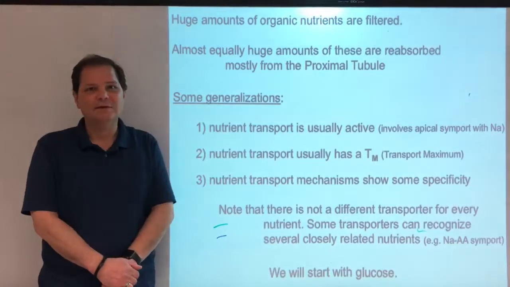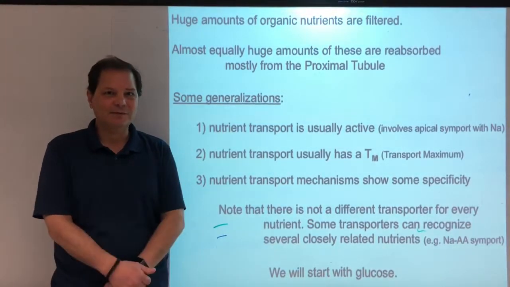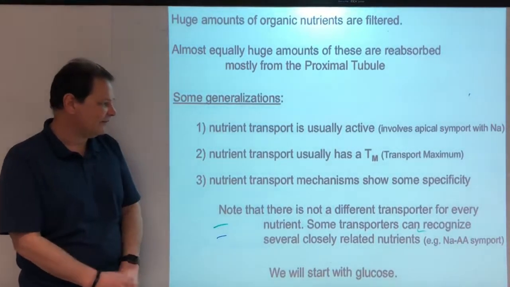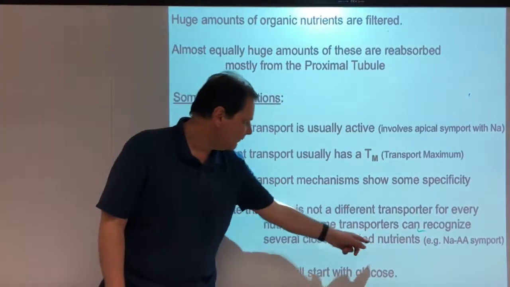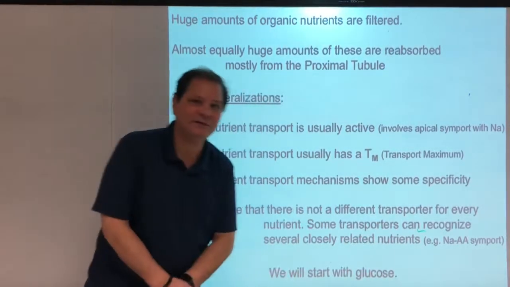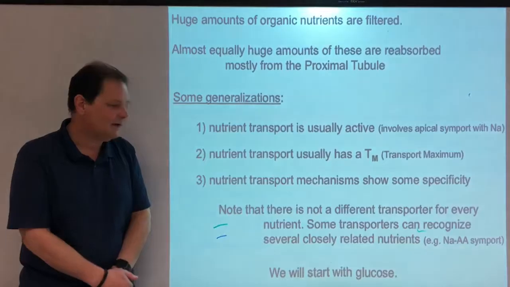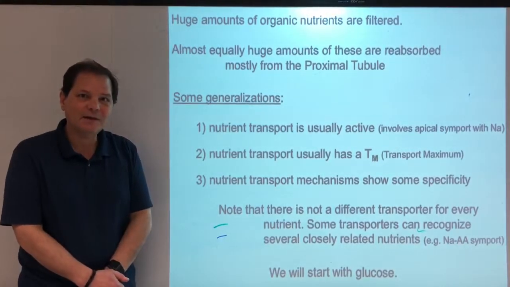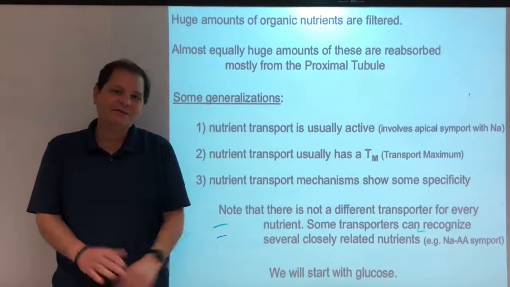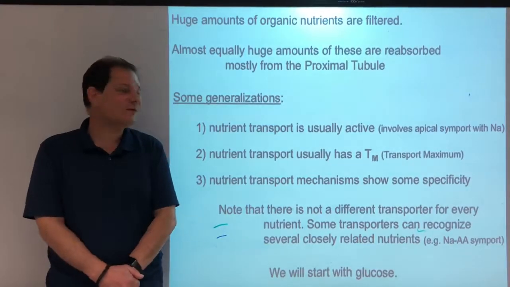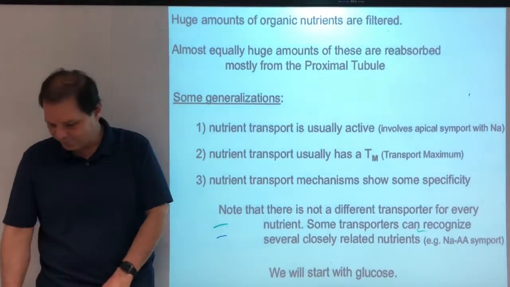There are often several molecules that can be transported by the same transporter. For instance, closely related amino acids might be carried by the same transporter. Okay? So having said that, let's start with glucose transport as a really good example of how this works.